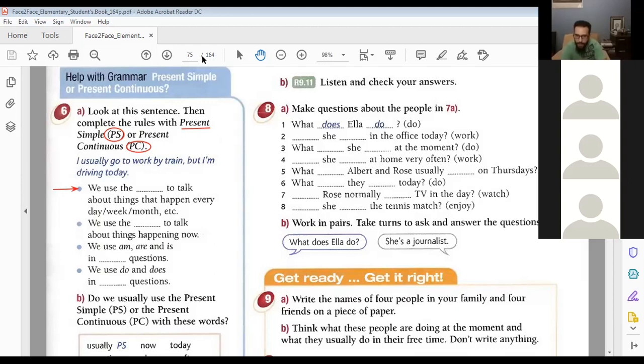What do you think? Can you read number 2, please? About things that happen every day. Okay, what about number 2? Can you read number 2?